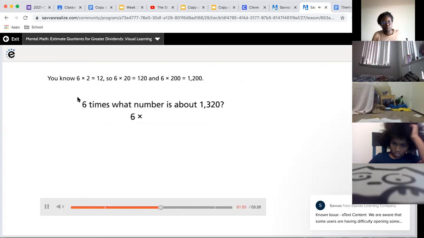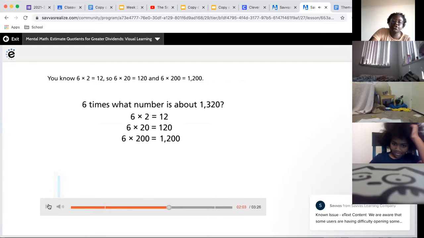You know 6 times 2 equals 12, so 6 times 20 equals 120, and 6 times 200 equals 1,200. So do you see how they use the basic multiplication fact, 6 times 2, to get to 1,200? That's what we were doing on the other page. That's why they asked about the basic multiplication fact.